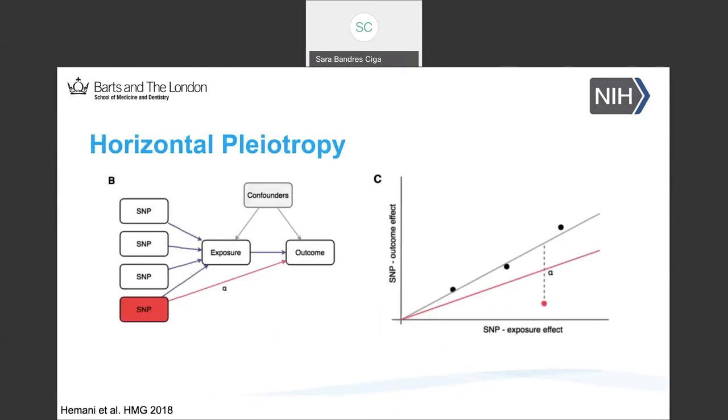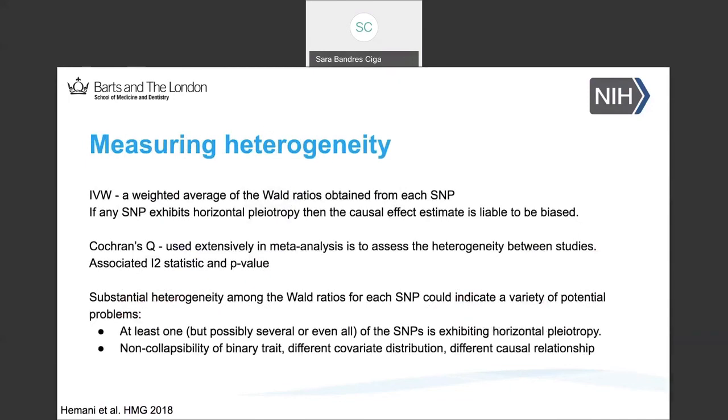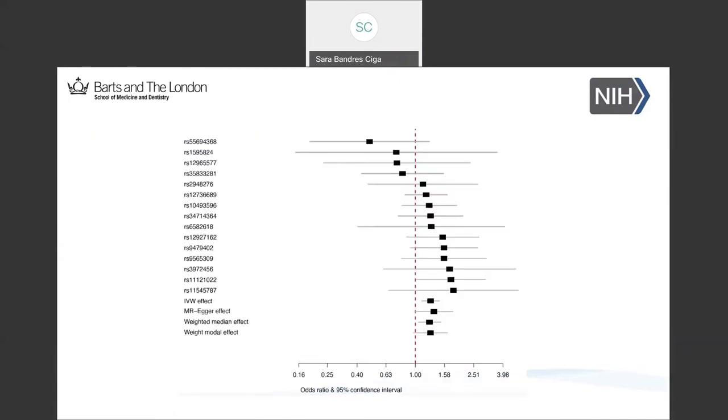And there are probably 10 or 15 different methods now used to look at heterogeneity. I'll give you one example here. I won't tell you what the exposure of interest is, but this is 15 SNPs all associated with a particular exposure being meta-analyzed together to see what the combined causal effect of that exposure on Parkinson's is. You've got your IVW effect, which has the narrowest confidence intervals because it's most statistically powerful, and then 3 different sensitivity analyses which line up nicely with that IVW effect.